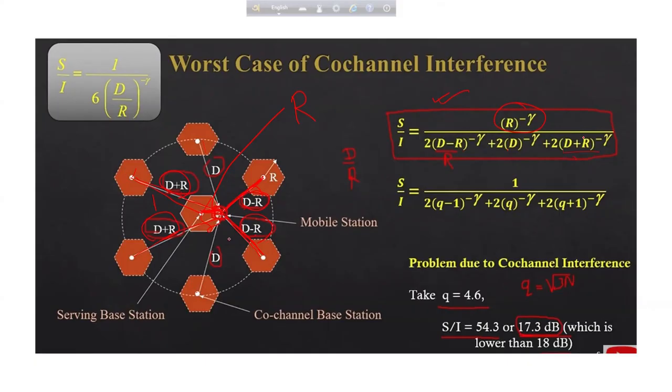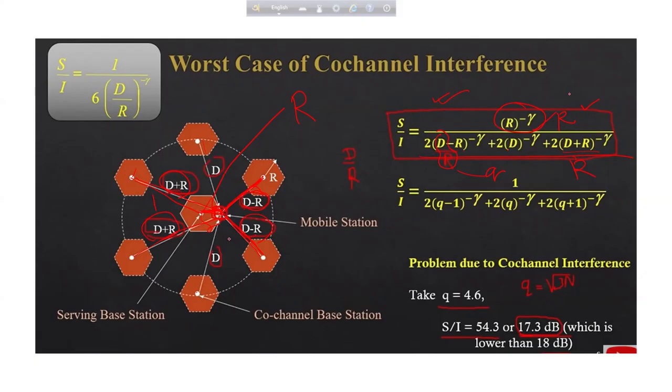So now if you take R as common, as we know that D by R is denoted by small q, you are actually dividing the denominator and the numerator by capital R. So you are getting this equation.